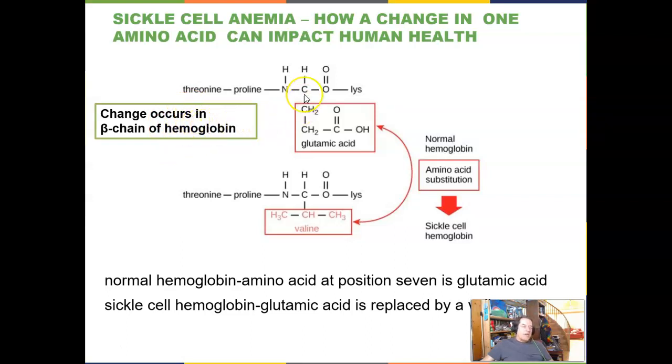Well, a change in the amino acid in one location from glutamic acid to valine, a different amino acid, due to a genetic mutation, causes a slightly different sequence of amino acids. So threonine, proline, valine, lysine, instead of threonine, proline, glutamic acid, lysine, and others. It's a much longer molecule, but this is just a short little 4 amino acid portion of the protein.